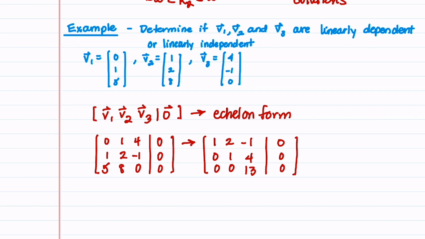Notice that we have a pivot in every column. That tells us that our vectors are linearly independent because we only have the trivial solution.